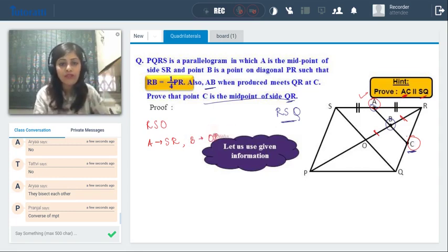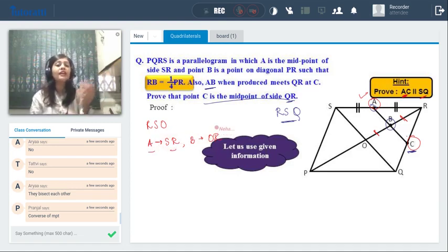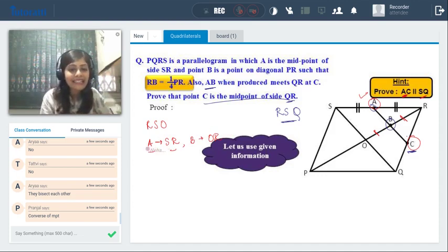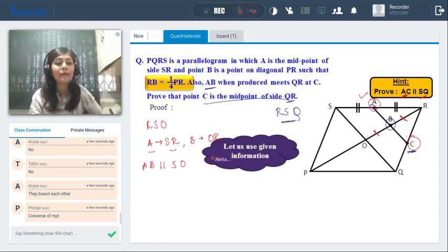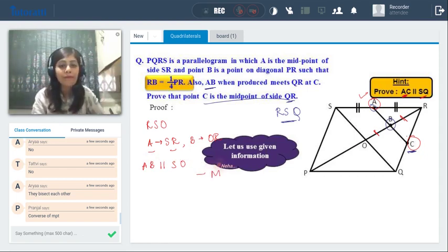So B is the midpoint of OR. In triangle RSO, A is the midpoint of SR, B is the midpoint of OR. We have two midpoints. Can I say AB parallel to SO? Yes, students, obviously I can say AB parallel to SO by the midpoint theorem. I'm writing MPT.